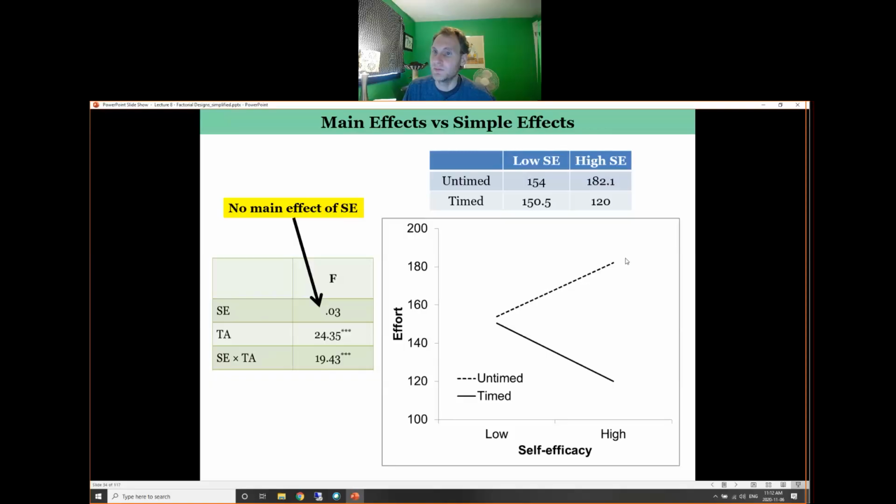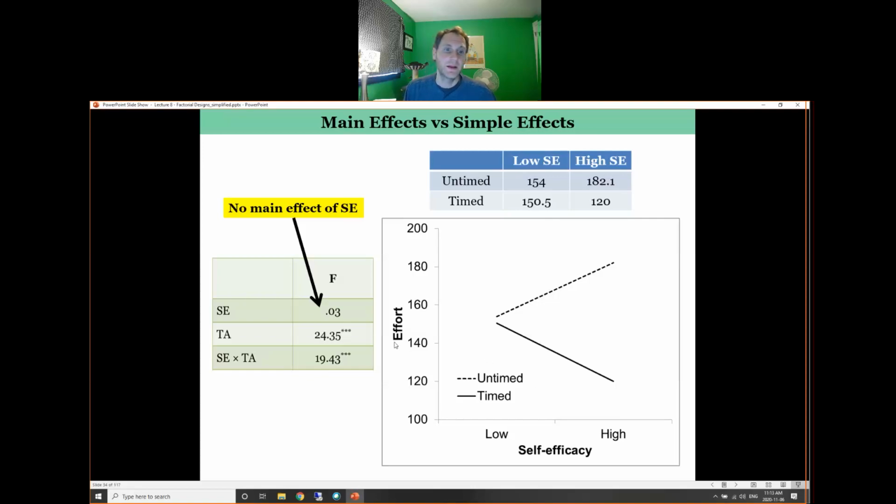That's a simple effect because I'm looking at the effect of self-efficacy at the untimed level. I'm looking at the effect of self-efficacy within one level of my timed versus untimed variable. Likewise, if I look at the timed level, the solid line, there's this negative effect.